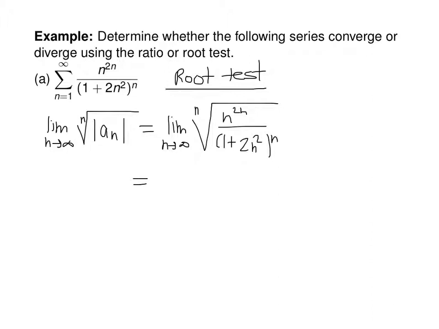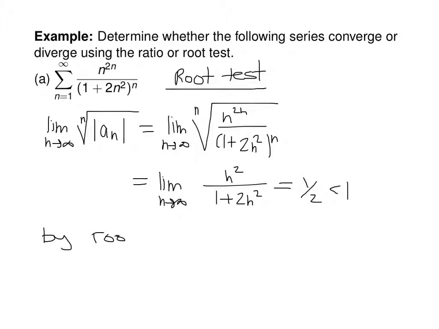And I don't need the absolute value there because these terms are all positive. So we have the limit as n goes to infinity of n squared over 1 plus 2n squared, and that limit is 1/2, which is less than 1. So by the root test, the series converges absolutely.